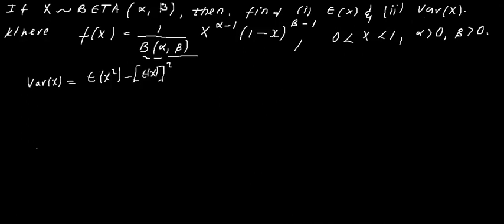So computing the variance now, we have the second moment now, and we also know this. So we just need to plug in the information that we have so far. So this is just what we got.